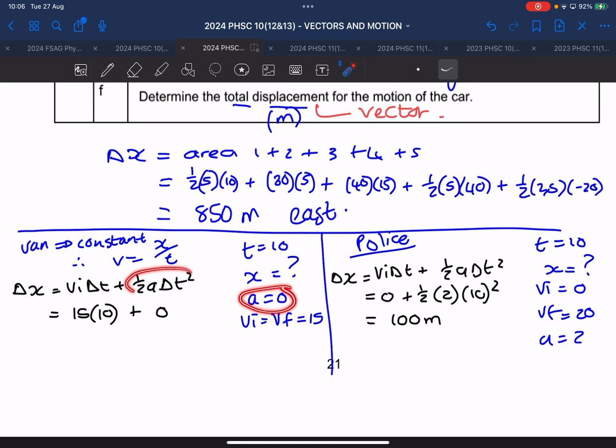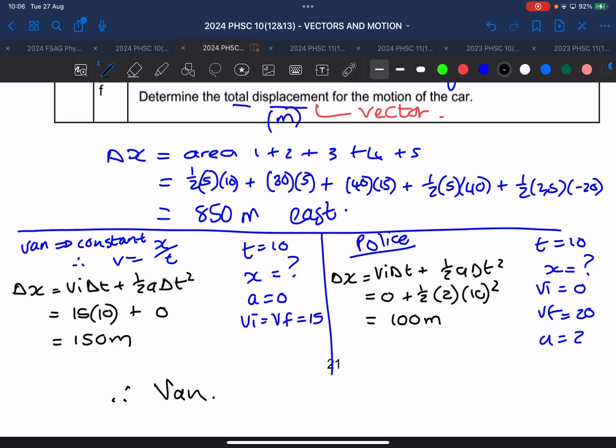So A is 0, so that whole thing becomes 0. And here you get 150 meters. So which one is ahead after 10 seconds? The van. You have to state which one is ahead. You can't just do the calculation. You have to say this one is ahead.